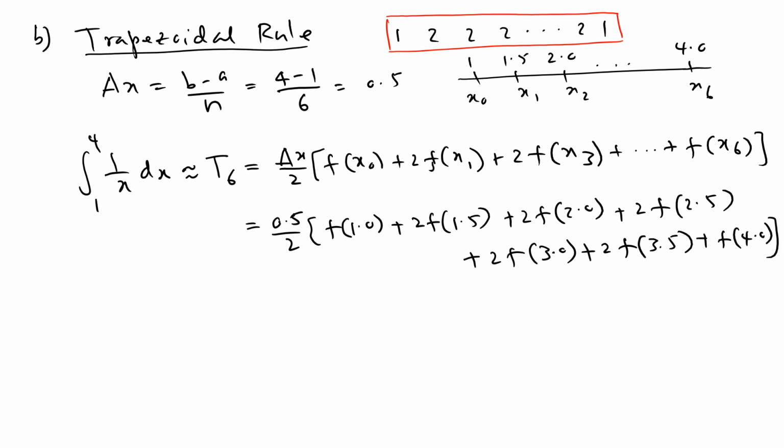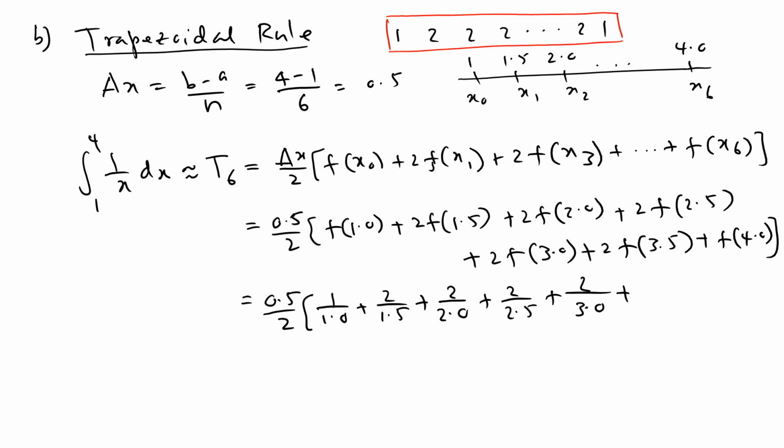So that's the formula, and then we can plug it in. You're going to get 1 over 1.0 plus 2 over 1.5, 2 over 2.0, 2 over 2.5, 2 over 3.0, 2 over 3.5, and 1 over 4.0. You can see the first and the last one have a 1, everything else has a 2 as the coefficient. If you use a calculator, you're going to get 1.0653. And then we can use the Simpson rule.